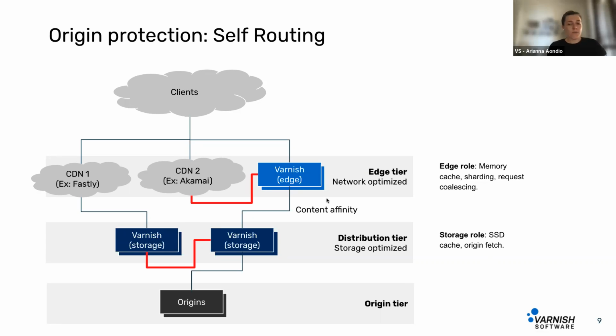And content affinity makes sure that the edge nodes will know where to retrieve content from the storage nodes. These, of course, improve performances, make sure we can funnel the request in the best way, and it starts protecting the origin servers because we're now sharding and distributing the content in the best possible way.